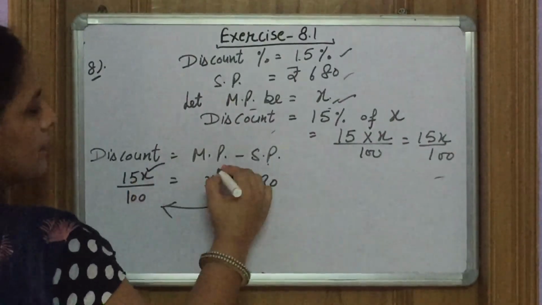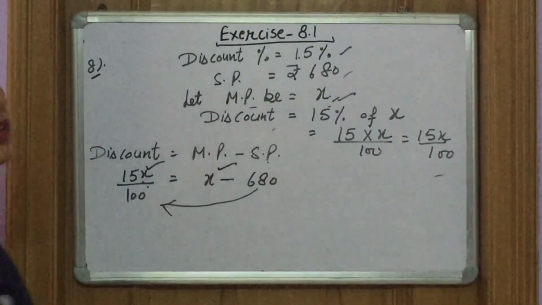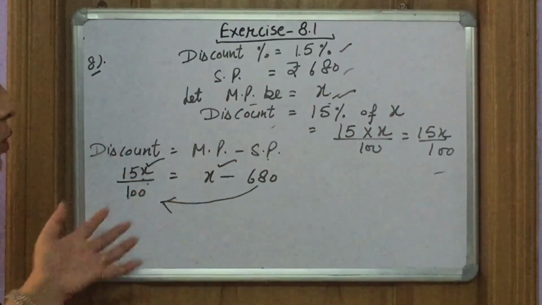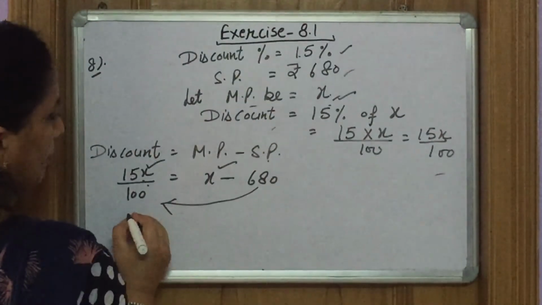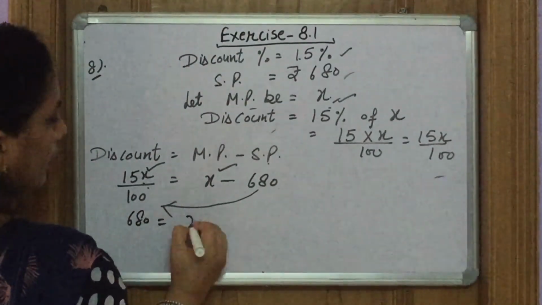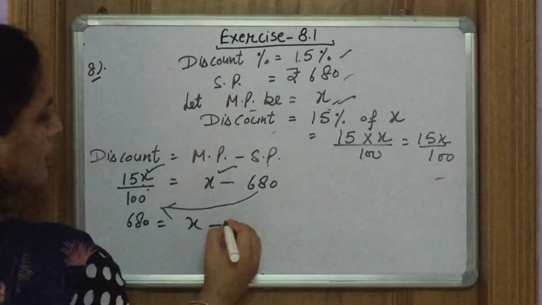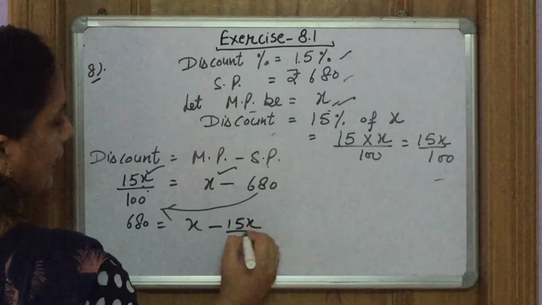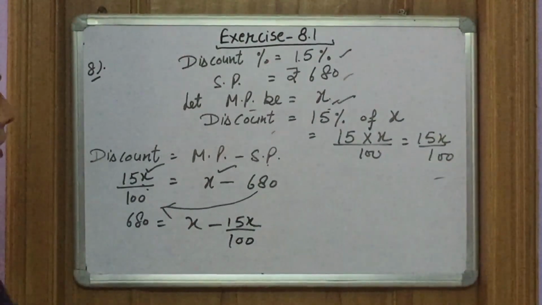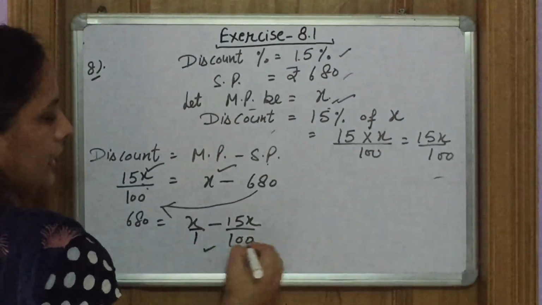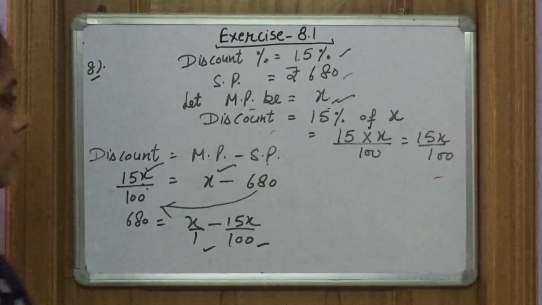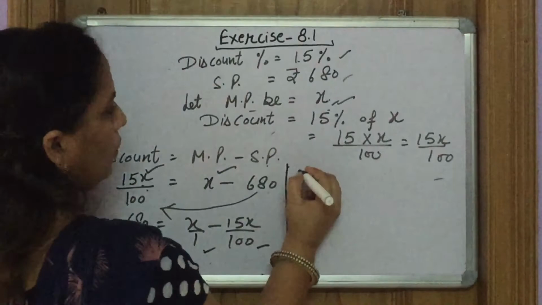And these are like terms, these are the terms of X. So transpose the like term 15X divided by 100 to the right hand side. We can take the LCM of both of the terms.